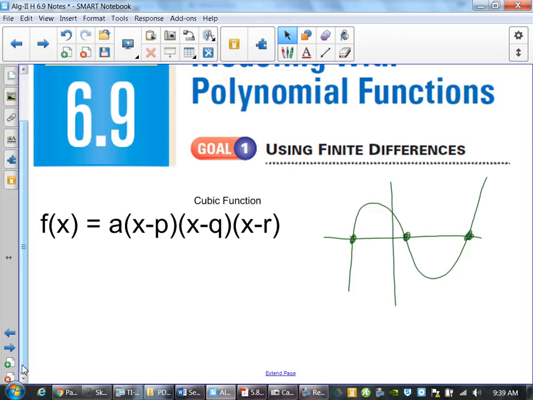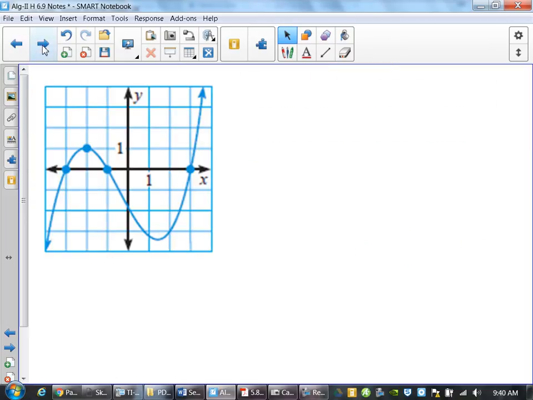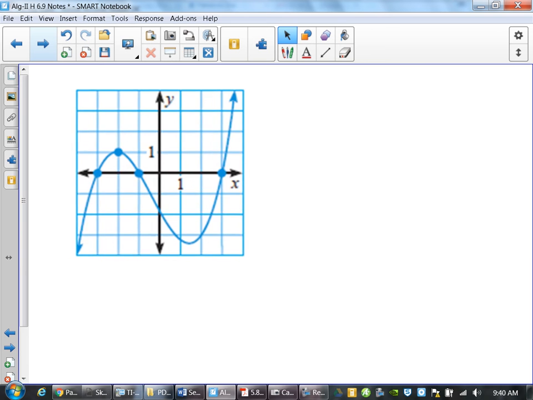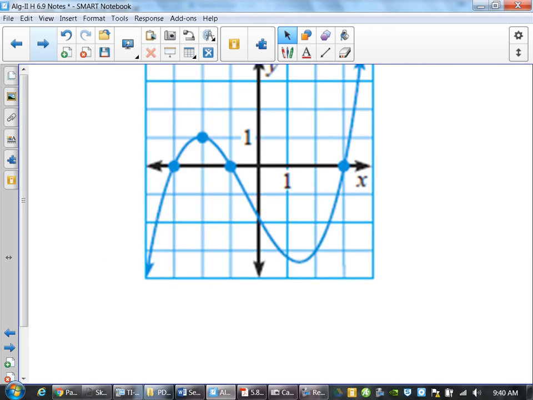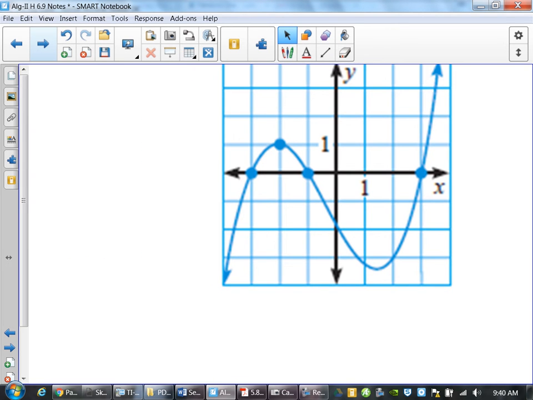And when we did this, I will show you the next example. We had something like this. You had 3 ordered pairs, but a secondary point.